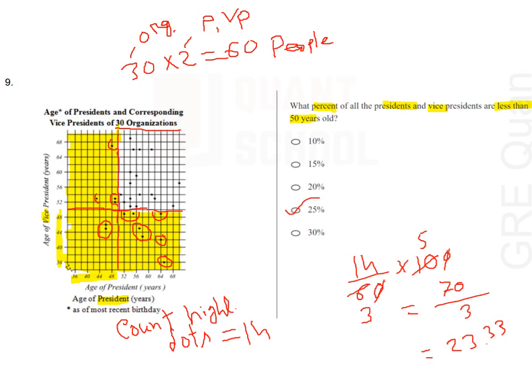To find the answer, we'll just divide 14 by 60, and to make it a percentage, we'll multiply it by 100. So the resultant answer is 23.33. There is no such option in the answer, so we'll take the closest value, which is 25%.